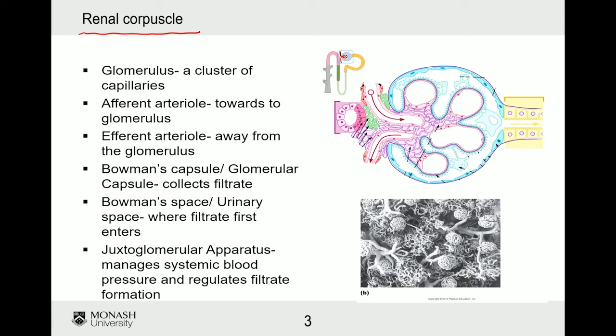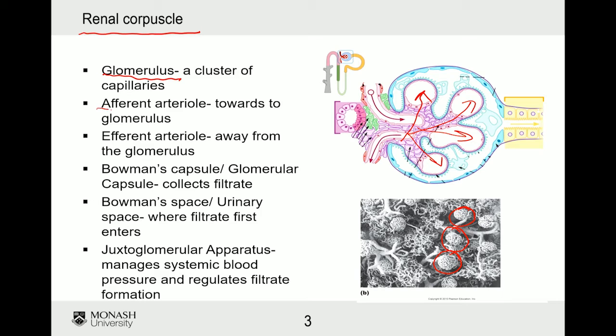The predominant structure in the renal corpuscle is the glomerulus, which is this collection of capillaries shown here in cross-section. I've also got a picture of it down here which shows glomeruli taken from a real body, where they've put plastic into the vessels and then dissolved the kidney away, and you're left with the shape of the body.